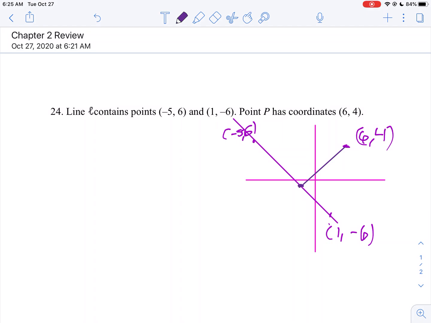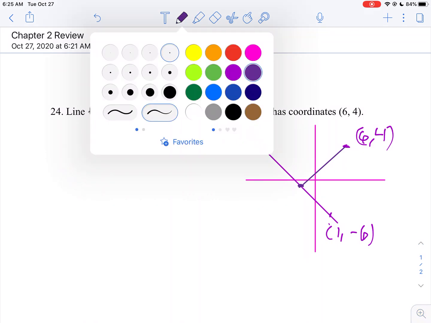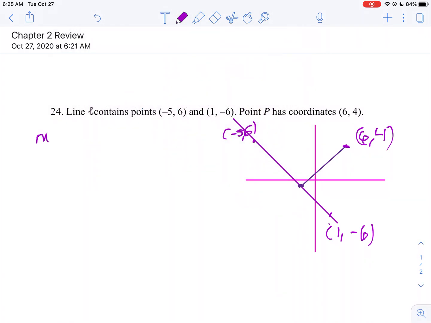So first thing I'm going to do is find the equation of my first line, the line containing negative 5, 6, and 1, negative 6. First, let's find the slope of that line. Remember, to find slope, we subtract the y's and we subtract the x's.